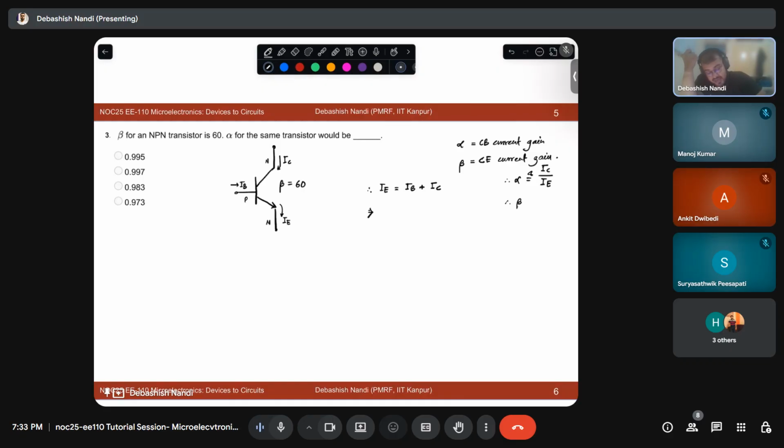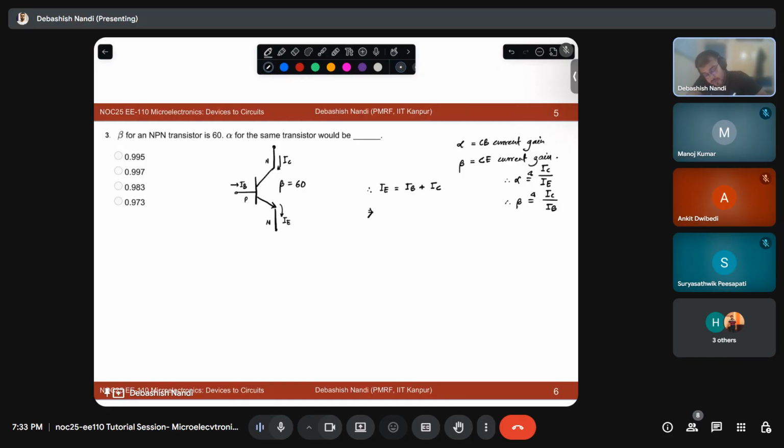And beta is defined as again output over input. Input in case of common emitter is base current. Input in case of common base is emitter current. You should understand these things.